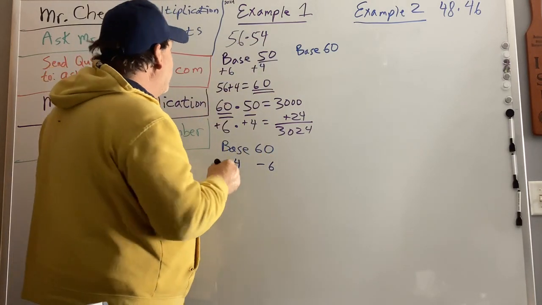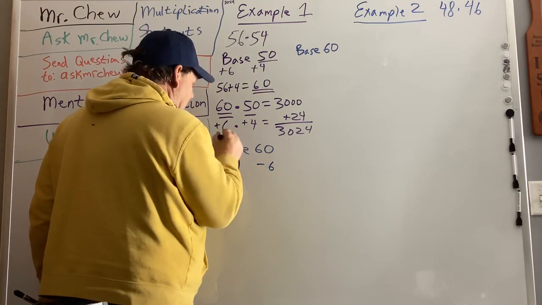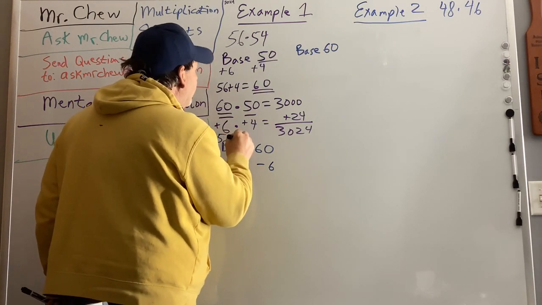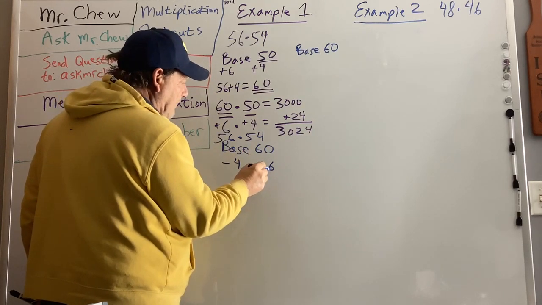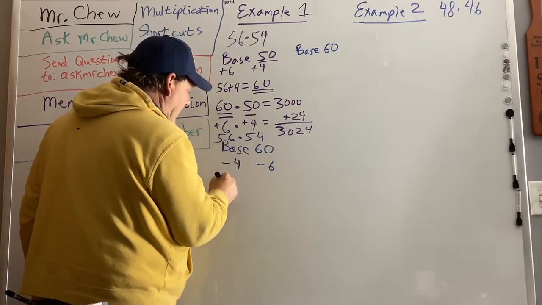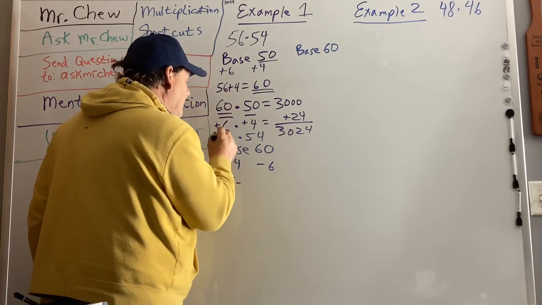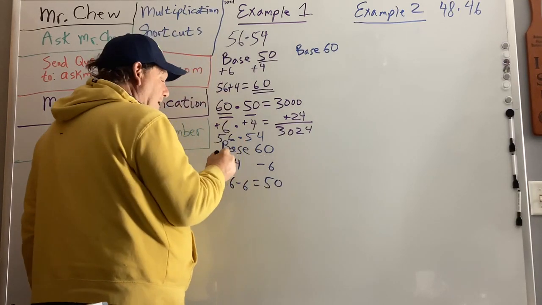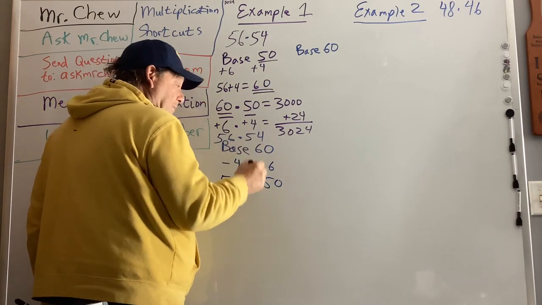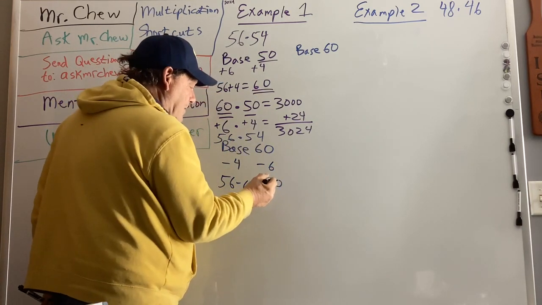And then, since we're doing 56 times 54, 56 minus 6 is going to be 50. And then the minus 4 plus 54 would be 50, so it doesn't matter which one you use.